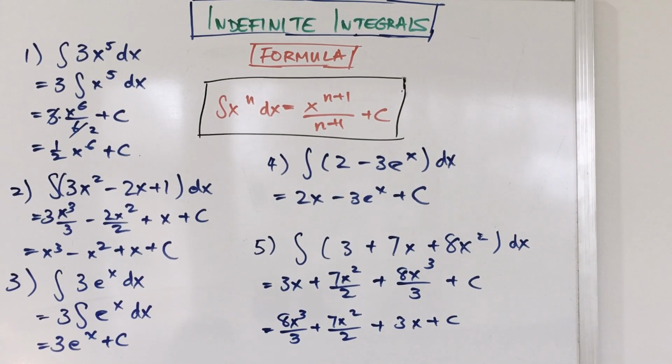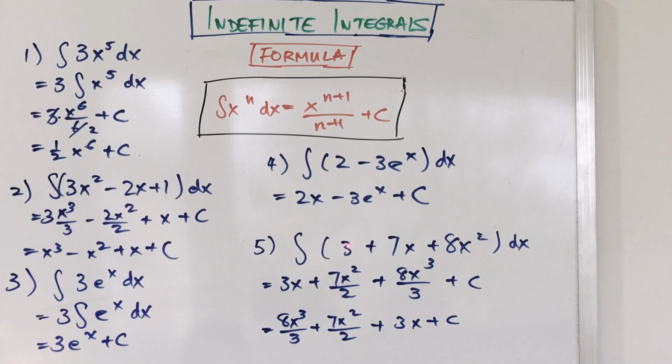We're going to be now covering example number 5. The integral of 3 plus 7x plus 8x squared. So what happens here is the 3 is exactly what we did here. You can rewrite this question as integral of 3 times x to the 0 plus 7x plus 8x squared.